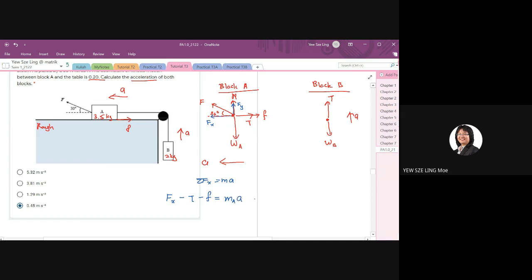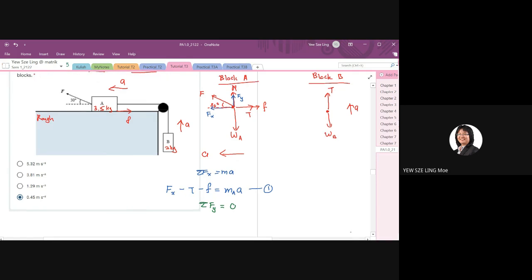This is the first equation that I obtained from block A. The second equation is summation Fy equals to 0, because there's no motion along the vertical component. Based on the free body diagram, I have N plus Fy minus Wa equals to 0. So this is the second equation.